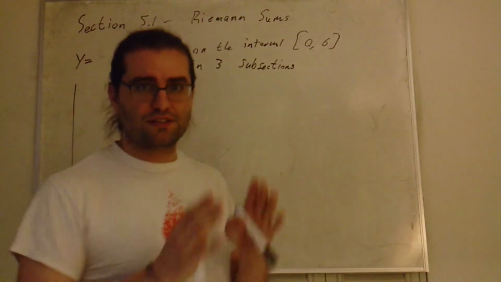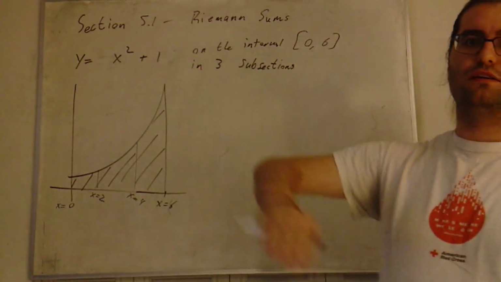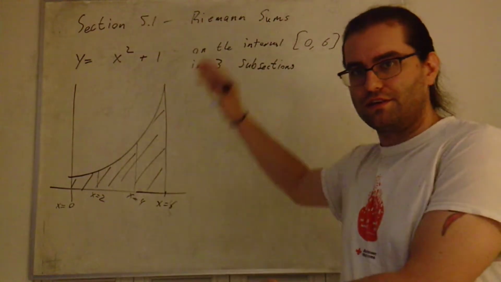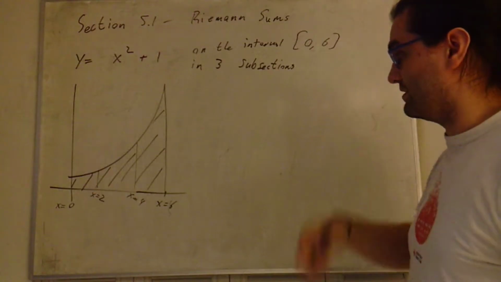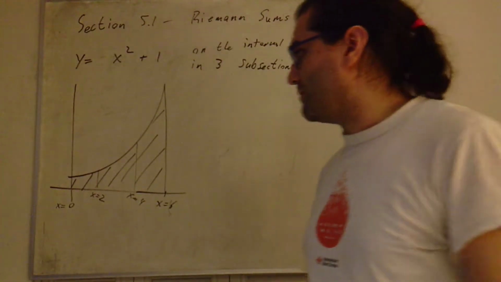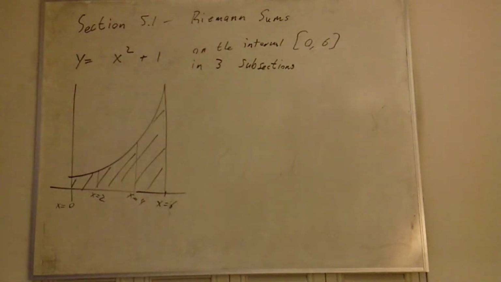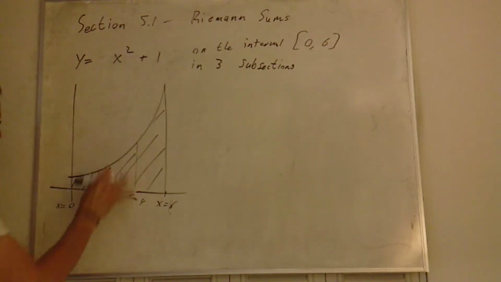We're splitting this into chunks of x-axis so that we can make vertical rectangles out of these things. And then we're going to approximate the area by finding the areas of these rectangles. The problem is going to come in when we start thinking about whether we want the rectangles to be above or below the actual function.